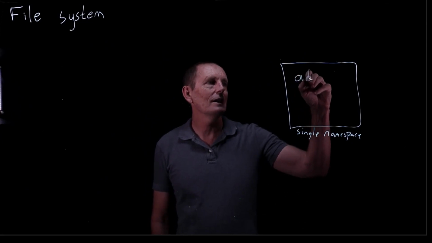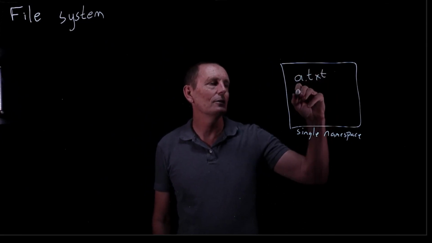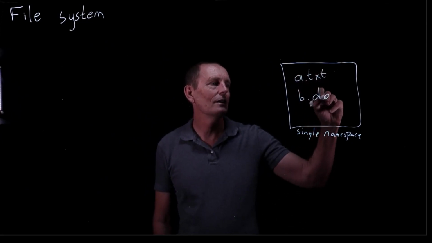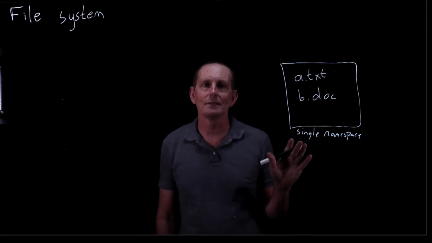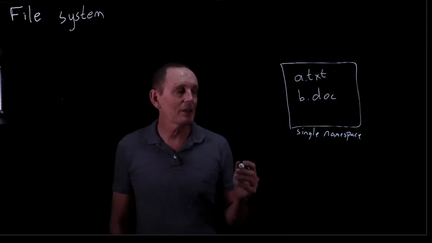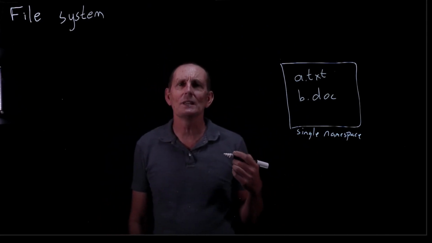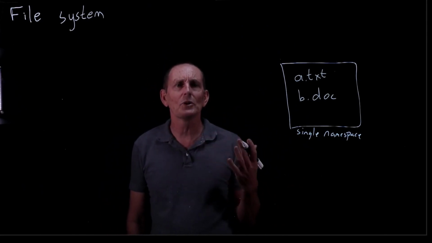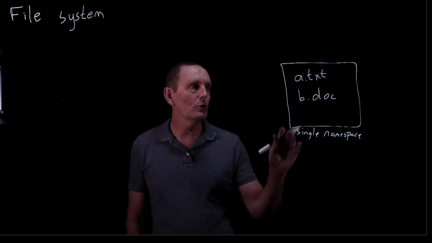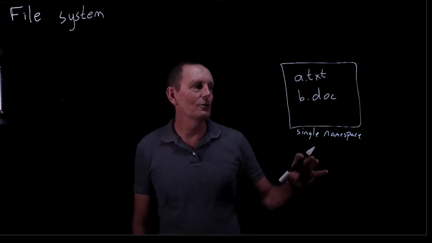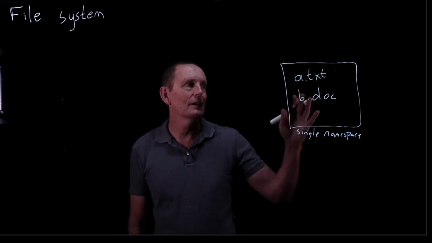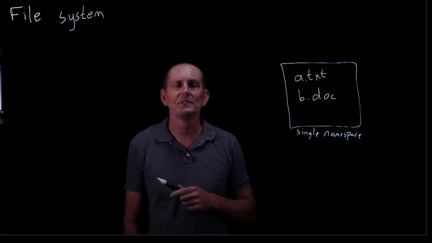So you might have a.text, and b.doc, and so on. But you could not have two files named a.text. That wasn't possible. Another possibility, not so common these days, would be, let's say, two levels, one per user. So user Joe might have his own namespace, and user Sally might have her own namespace as well. And so they could each have files named a.text.